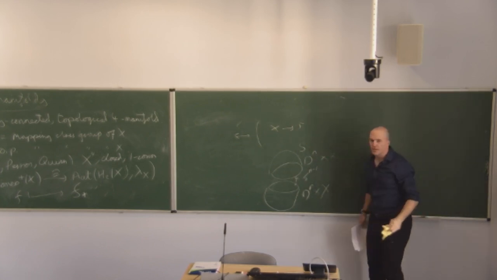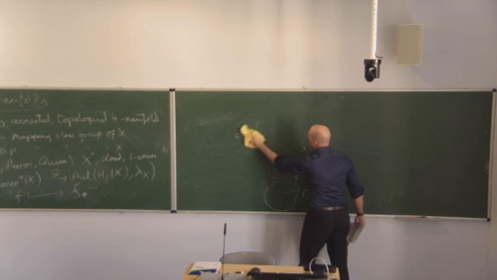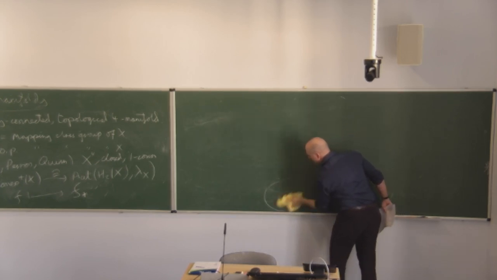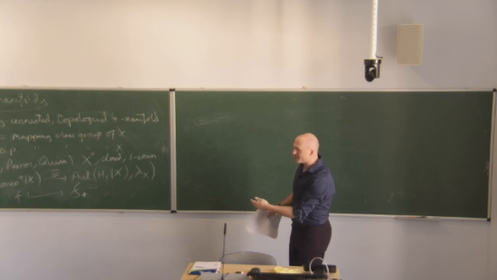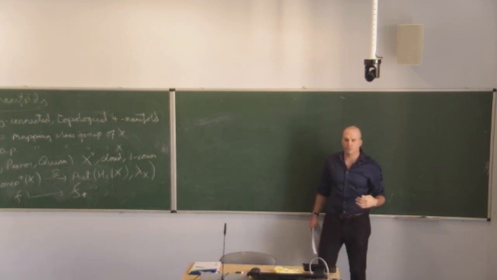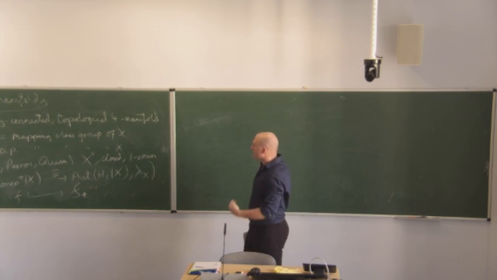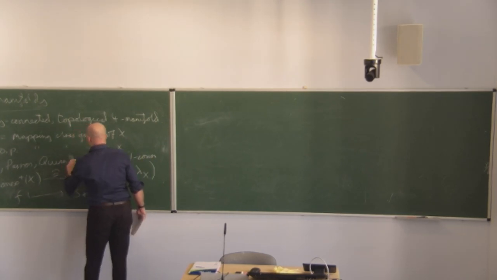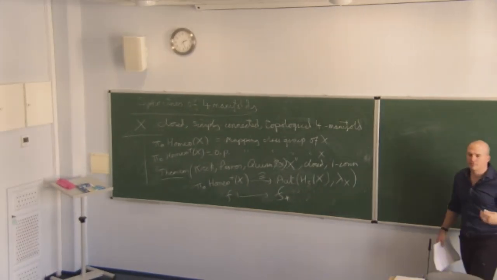One of my goals is to explain the proof of this theorem. I think many people know the statement, but not too many people know the proof. This was done in the 80s, so why am I telling you about a theorem from 40 years ago?